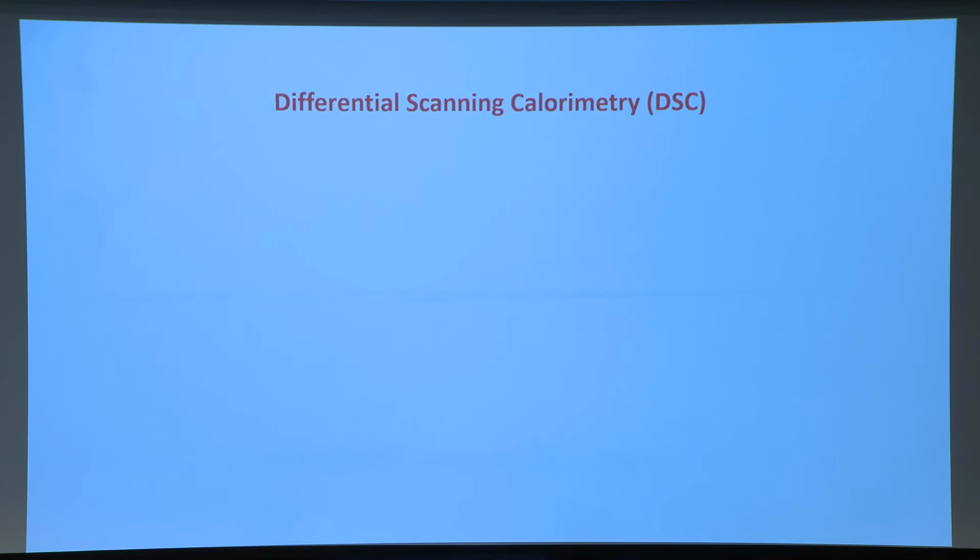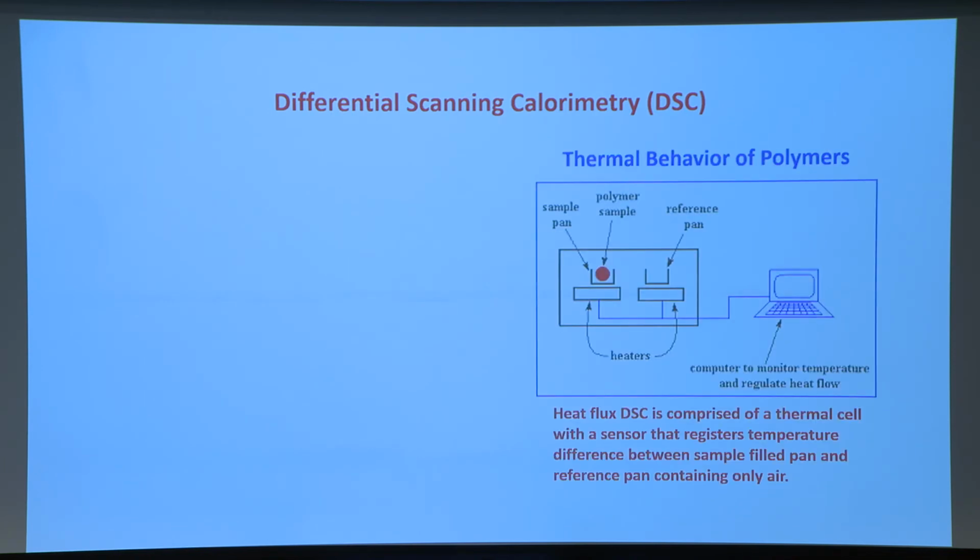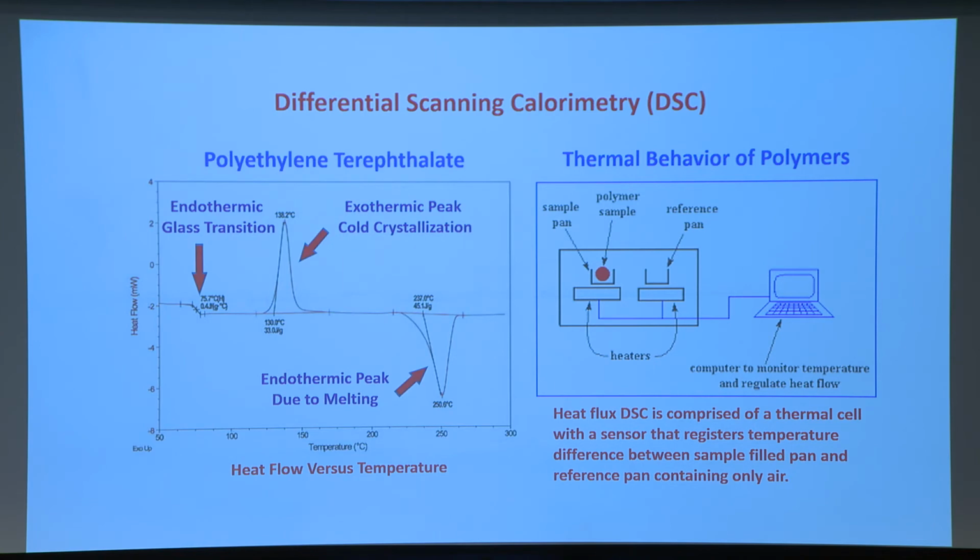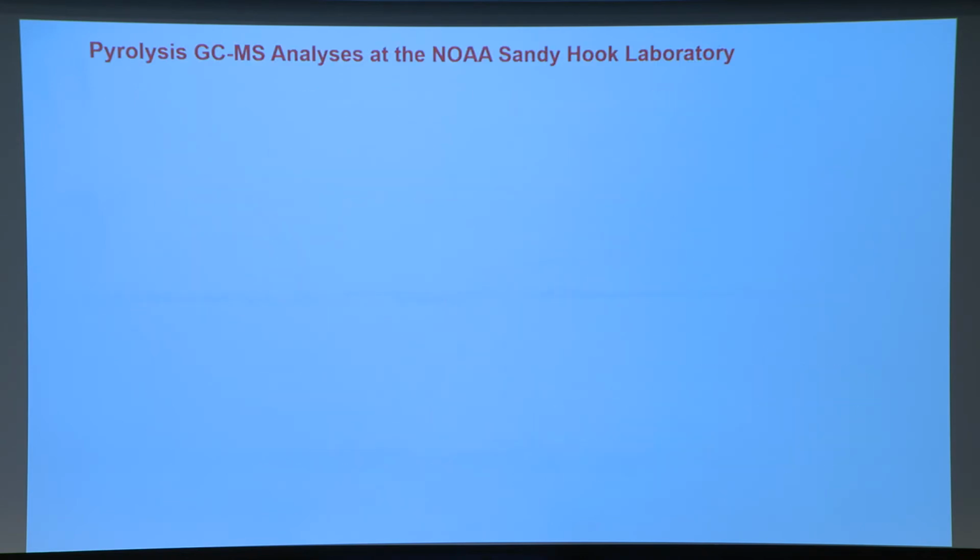Differential scanning calorimetry is based on the thermal behavior of the polymers. It has a thermal cell which has a sensor that registers the temperature difference between the sample cell and the reference cell. As you increase the temperature, the polymer goes through different phases, and that is characteristic to the polymer. So what we do at Sandy Hook is pyrolysis GCMS.